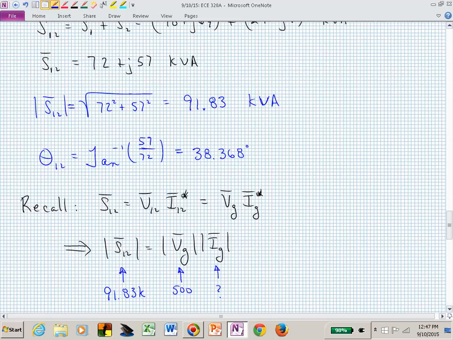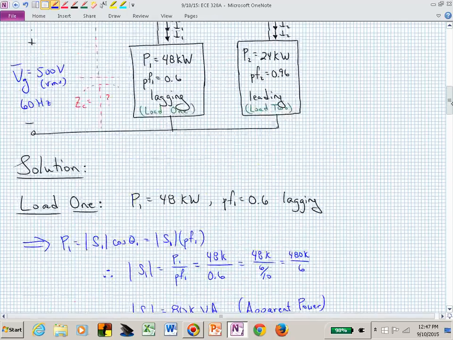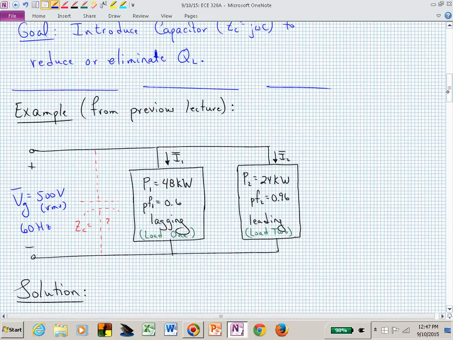If you remember the original problem, we were told the magnitude of the source voltage in RMS. It might be nice to know what this current is coming out of the source.